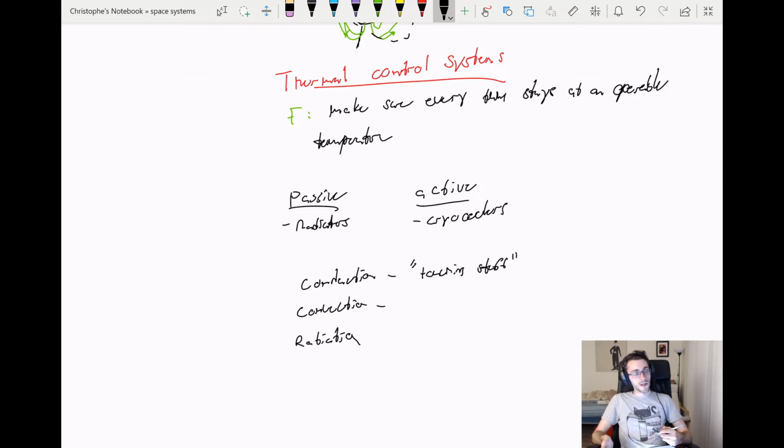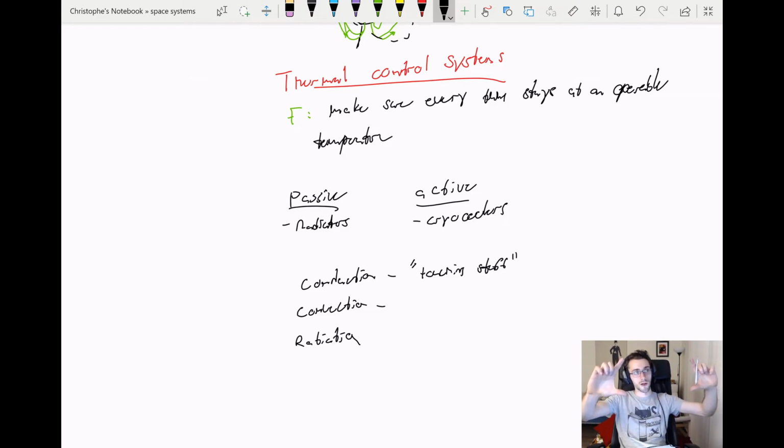Convection is kind of similar in some ways. It's fluid flow passing over an object. So anytime I am within a fluid and I am waving my arms around, based on certain properties of a fluid, how fast it's going, etc., you will either add heat or take away heat from your system. It's very similar to the radiator on a car.